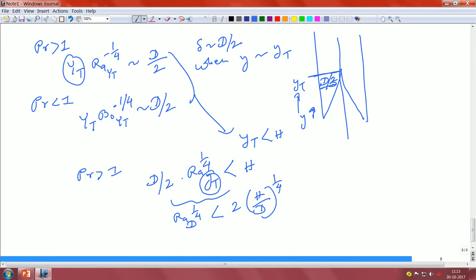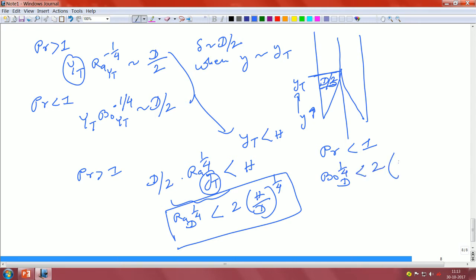That is how it will pan out. Similarly, the Prandtl number less than 1 expression boils down to Boussinesq number to the power of 1/4 less than 2h by d to the power of 1/4. So, these are the two principal expressions that you get.